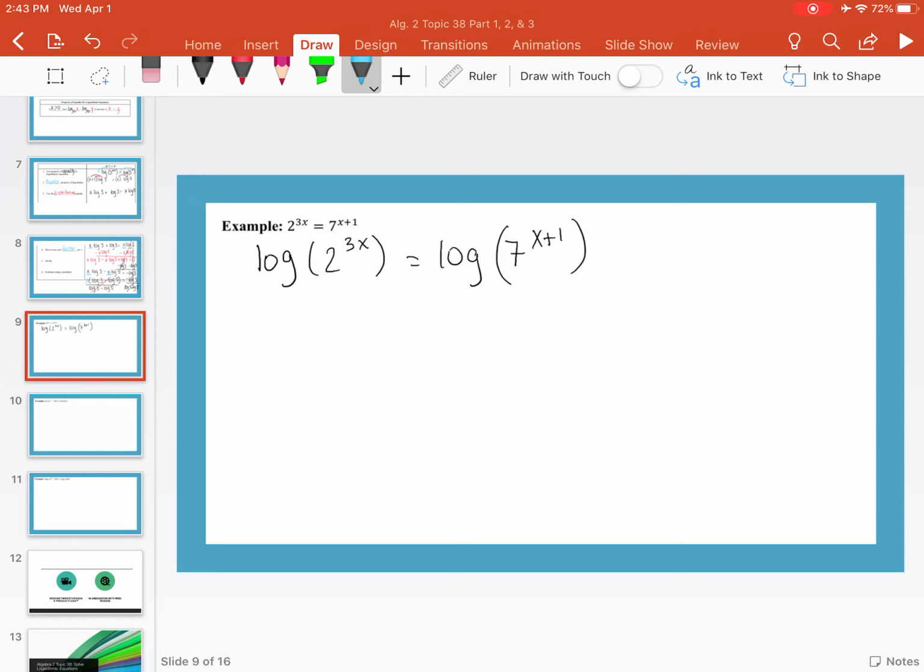Using the power property, we'd bring our exponents down in front. So we'd end up with 3x times log of 2 equals x plus 1 times log of 7. Now on the right-hand side, we can apply the distributive property.